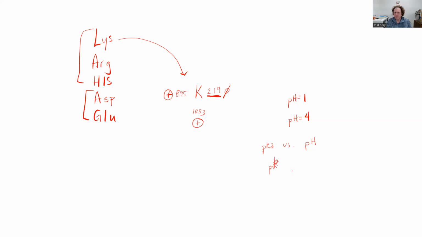So when my pKa is less than my pH, that means the group is deprotonated. Now, when my pH is less than my pKa, so when my pKa is greater than the pH, what that means is that my group is protonated.